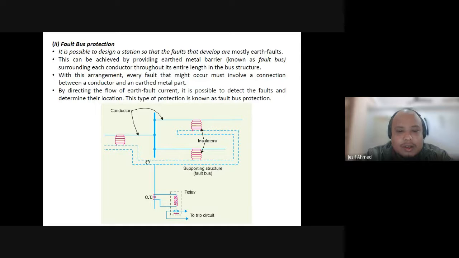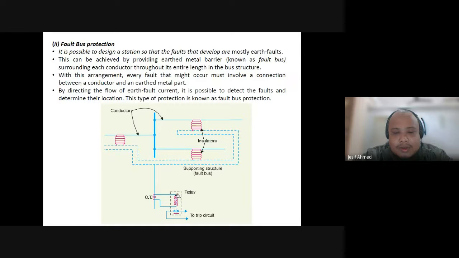You can see this earthed metallic part is connected to this CT, which will bring down the current level, and from the CT secondary it is providing the current to the relay operating coil. So if the earth fault current is sufficiently large, that will activate the relay operating coil.